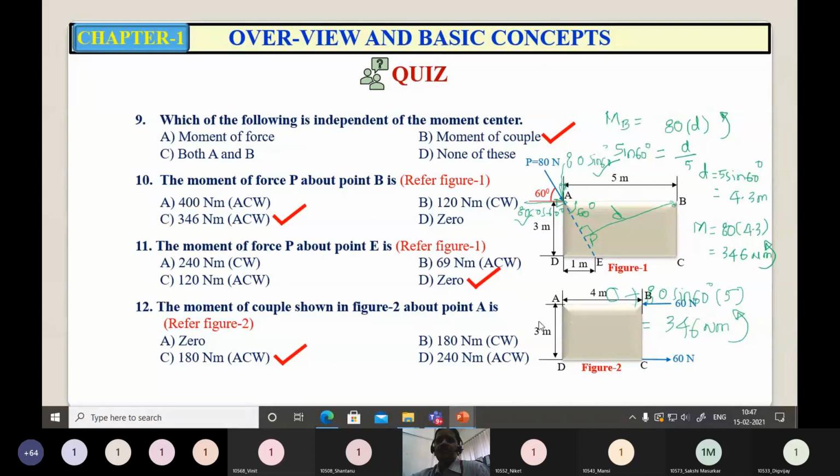So here 60 into 3, so it is 180 Newton meter, and the sense of rotation of this couple is anti-clockwise. Even if they ask what is the moment of this couple about point B, about point D, about point C, it remains 180 Newton meter anti-clockwise.